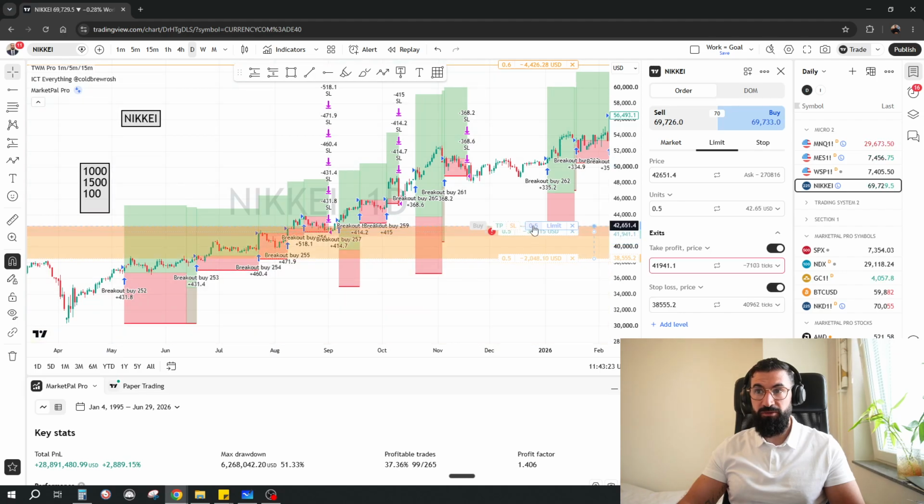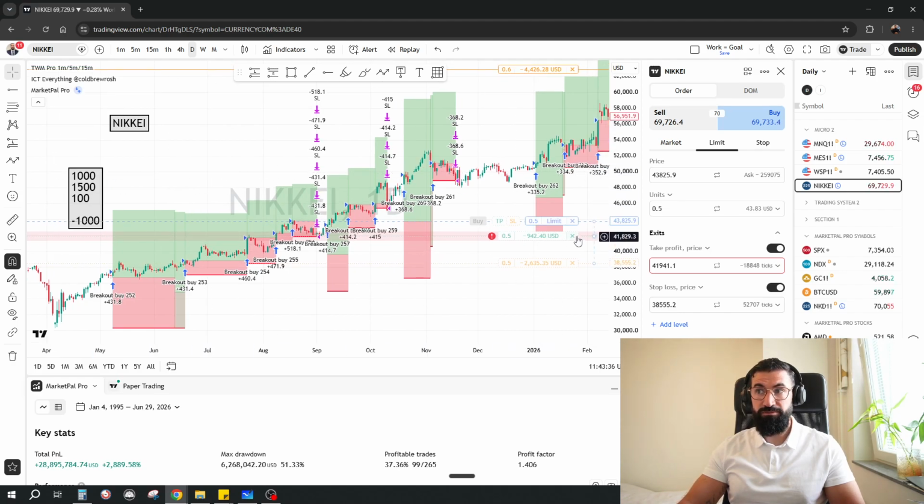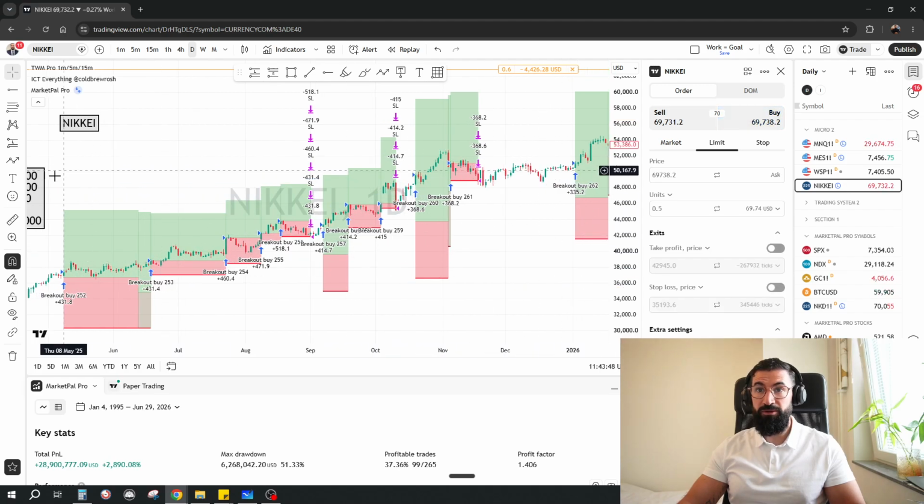And let's say we take another trade right here, and this trade is where we get stopped out. We get stopped out with, let's say, $1,000. So we lost $1,000 on this trade, right? Okay, let's continue. We have a breakout buy right there. We have a stop loss right there. I don't know why it's showing red, so I'm gonna do it again.